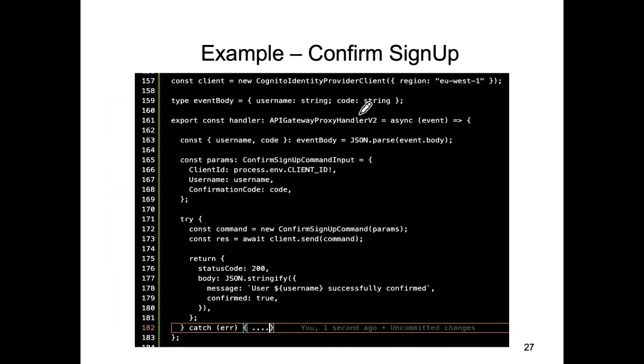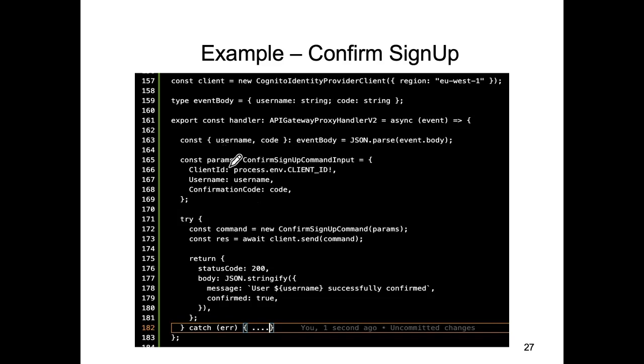Again, I will give you all this code in this week's lab, but the flow of control is almost identical to the flow of control in the previous Lambda that we looked at. We create an instance of our Cognito SDK client. We extract the relevant data from the request that comes into the auth API. In this case, we create a confirm sign-up command object with properties.